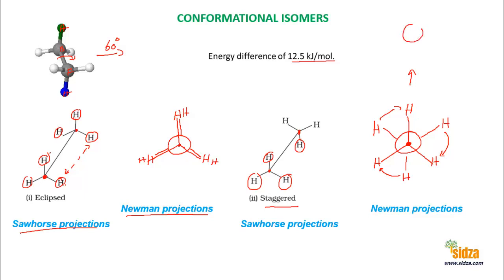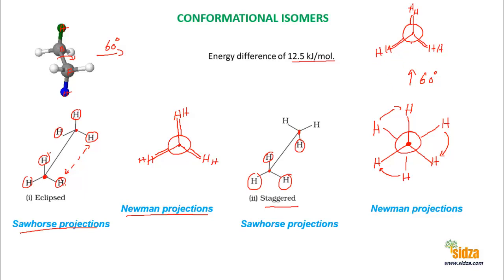All the hydrogen atoms will be under the eclipsion. This is the front carbon, and now by about a 60-degree rotation of the back carbon only, all the hydrogen atoms will undergo eclipsion, and you may not be able to see them clearly. Now this is an eclipse.